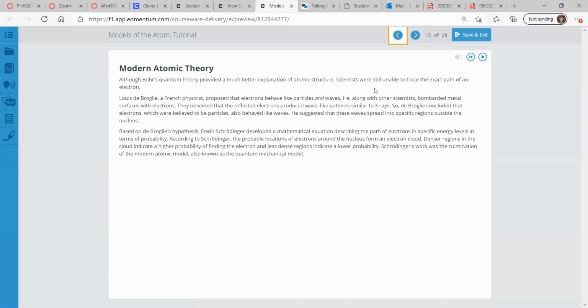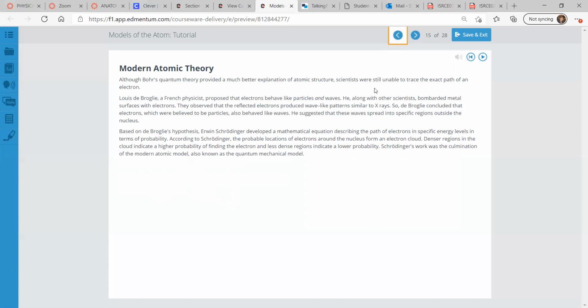They observed that the reflected electrons produce wave-like patterns similar to X-rays. So de Broglie concluded that electrons, which were believed to be particles, also had wave-like characteristics. And he suggested that these waves spread into specific regions outside the nucleus.